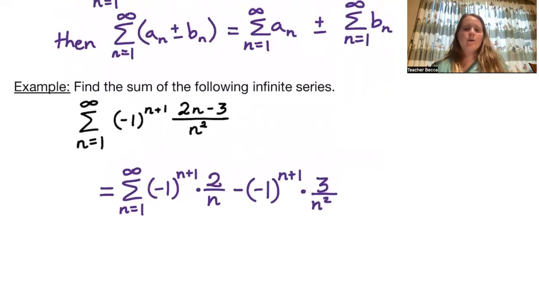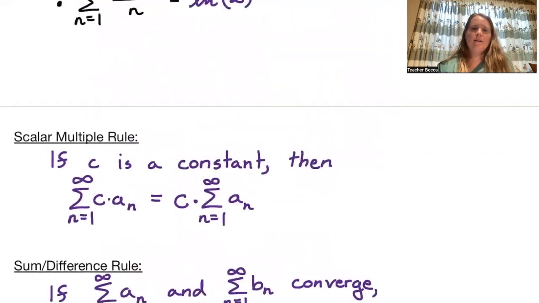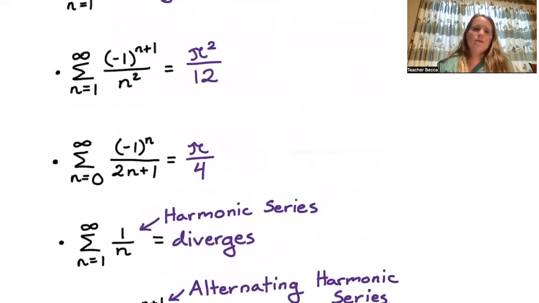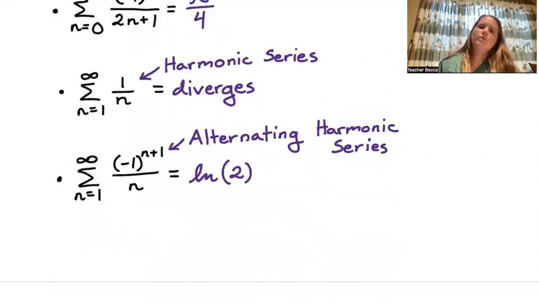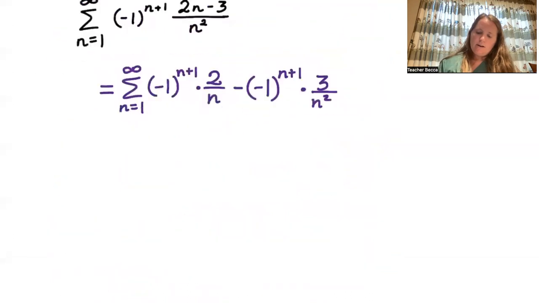So notice we have alternating series for both, essentially a 1 over n and a 1 over n squared. There's our alternating series for over n squared converged and our alternating series for over n converged. So we're going to go ahead and just rewrite this. We will split this and pull out a 2 from the 2 over n.